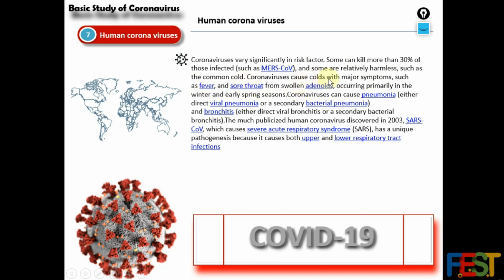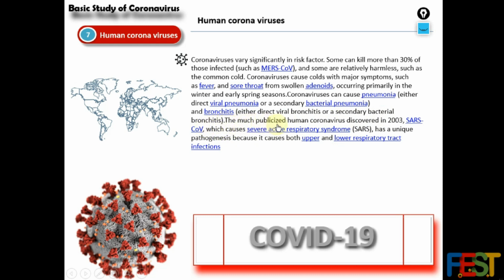Coronavirus causes colds with major symptoms such as fever and sore throat from swollen adenoids, occurring primarily in the winter and early spring season. Coronavirus can cause pneumonia, either direct viral pneumonia or secondary bacterial pneumonia, and bronchitis, either direct viral or secondary bacterial bronchitis.